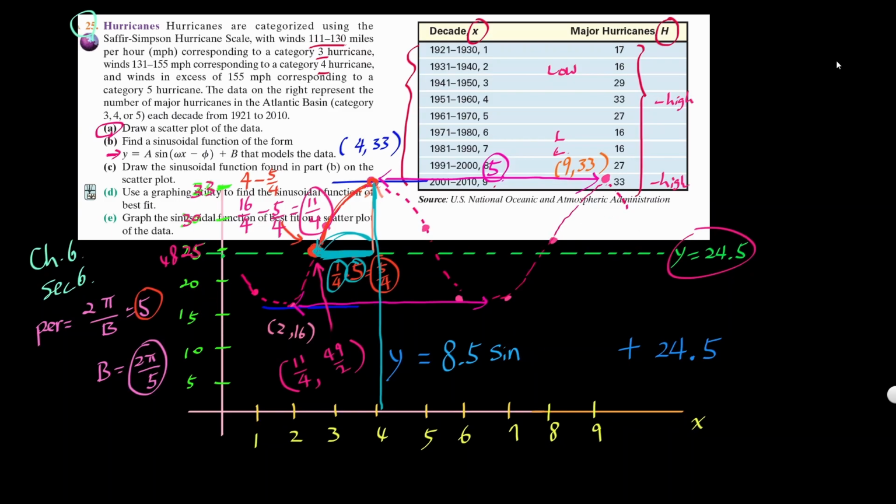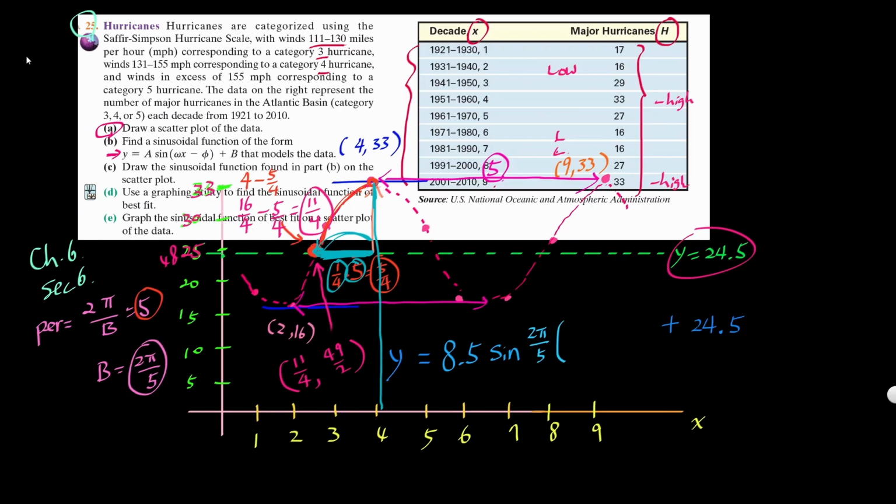So far we got y is equal to 8.5 sine, and then we have to put our b value, which was right there, 2 pi over 5, and then times, let me move things around to make some more space, shrink it a little bit to the right.